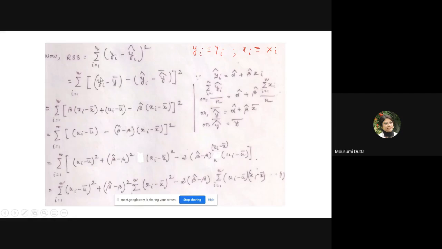So there will be a cancellation of the alpha. We will get beta into xi minus x bar plus ui minus u bar. If anyone has any confusion, I can show it. Please check whether you are understanding: yi minus y bar is equal to beta into xi minus x bar plus ui minus u bar.